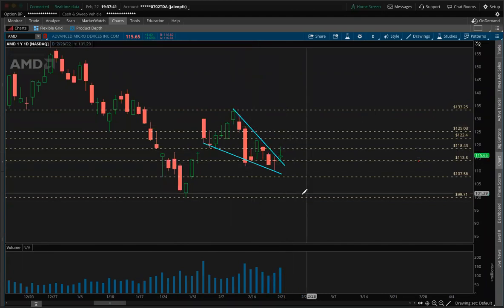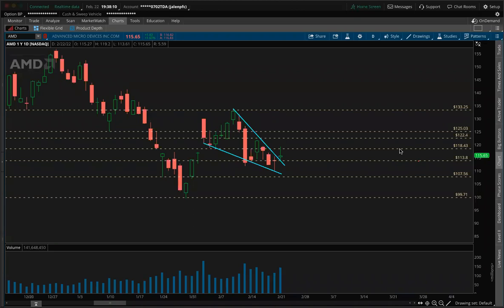So it actually already broke out. How would I say this? Can somebody give me an example of what I would say tomorrow? AMD price is currently at 115. How would I call this trade out? Somebody type it in the chat. This is actually a daily chart, so technically it would be a swing trade, but what would be my trigger and what would be my price targets?